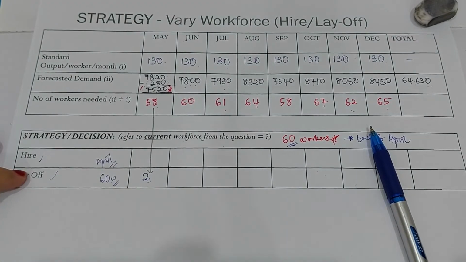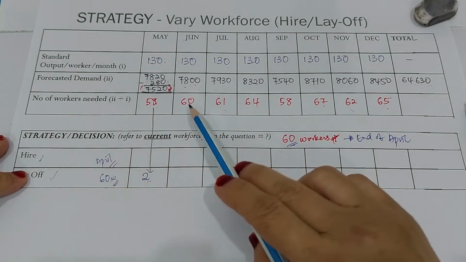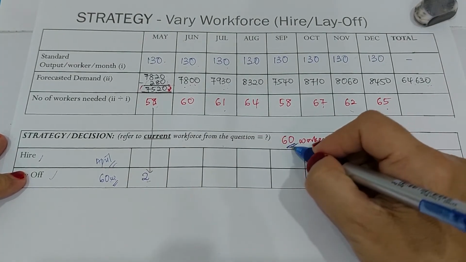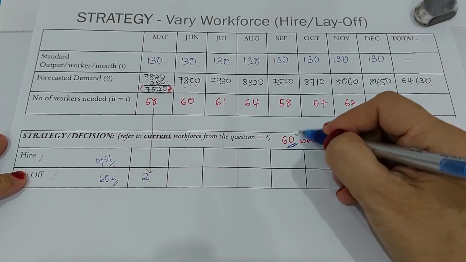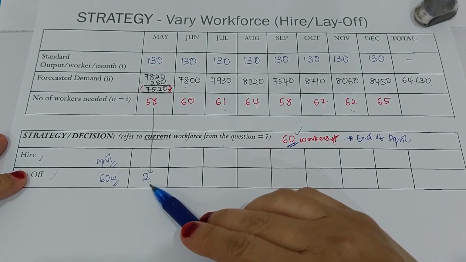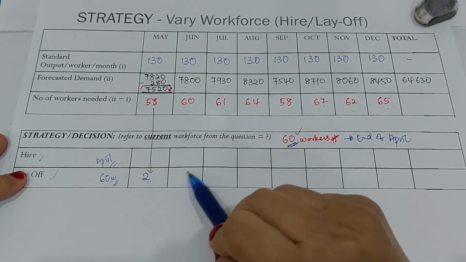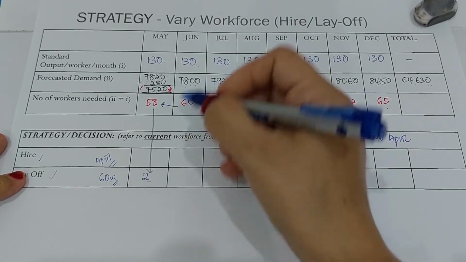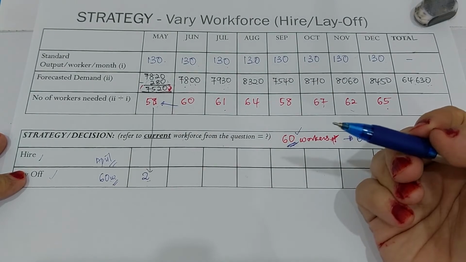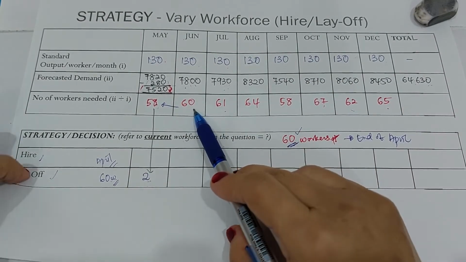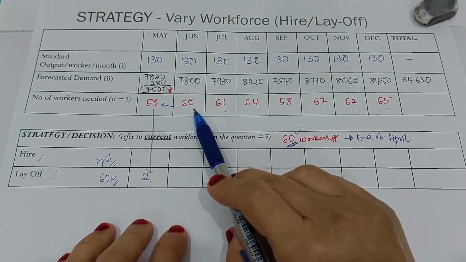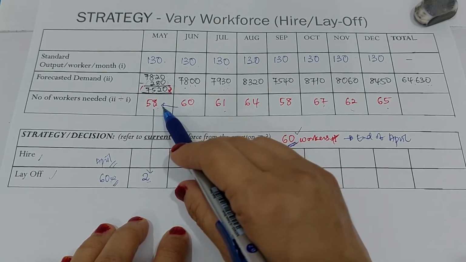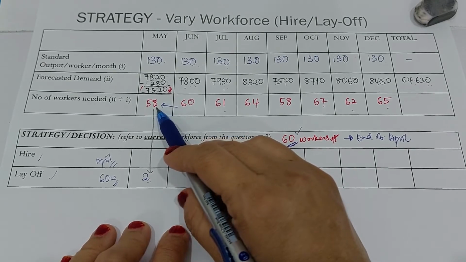Now we go to June. For June, what we need to refer to is not the current workers anymore. We use that only one time, only for the first month. To decide for the next month, the second month onward, we need to refer to the previous month and how many workers we had. So in June, we need to have 60 workers. You look at the previous month, May. In May we had 58 workers.